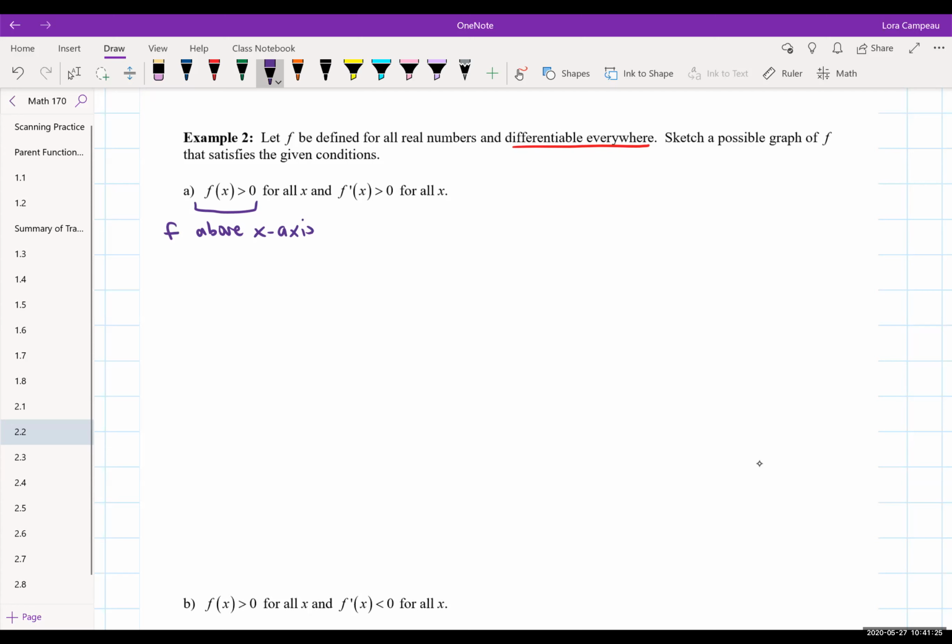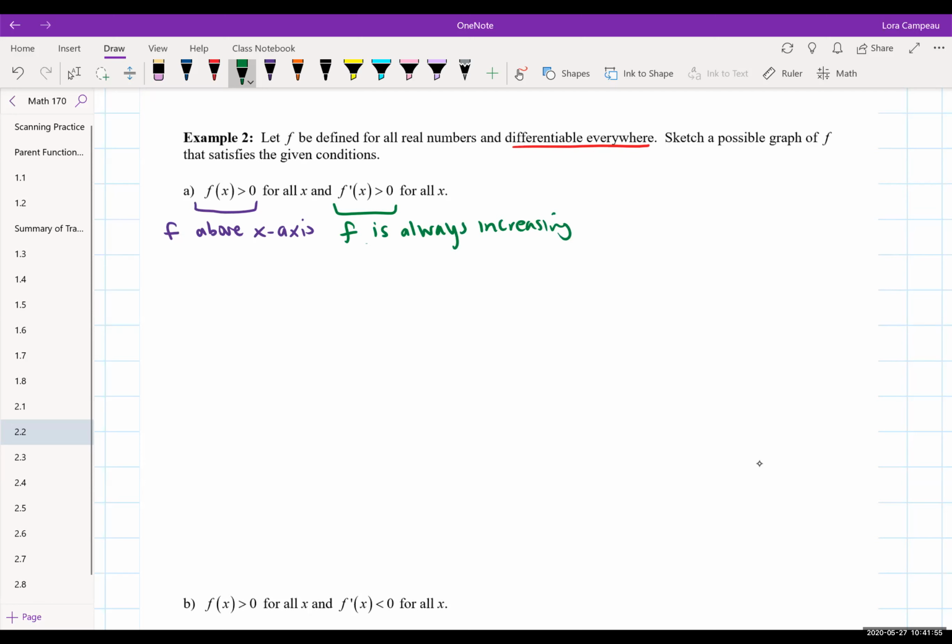The other thing I want to point out is if we look at this second condition, if the derivative is greater than 0, that's going to tell us that the function f is always increasing, because they're saying for all x.